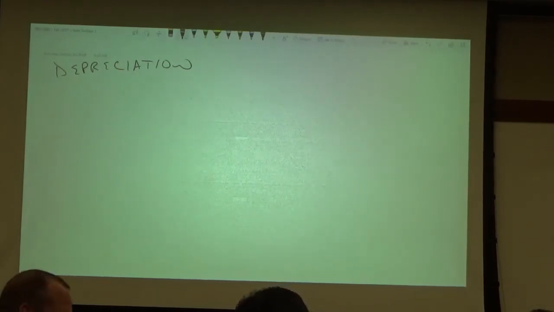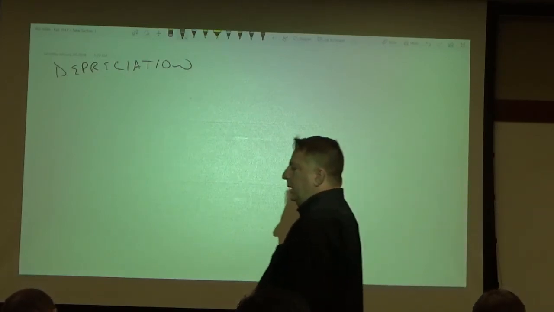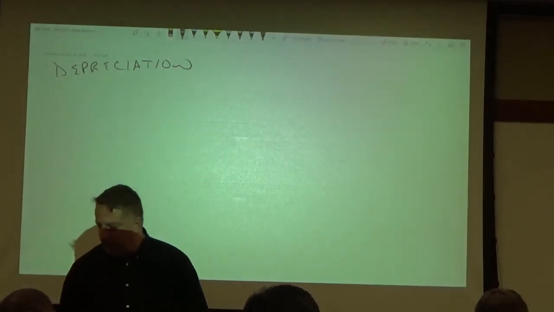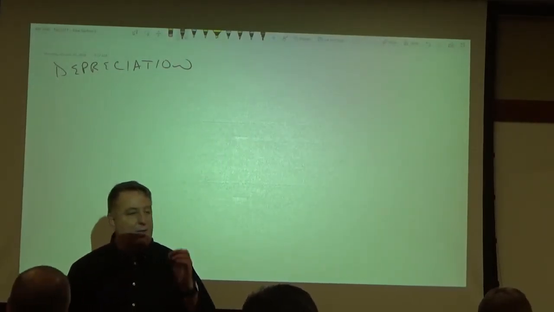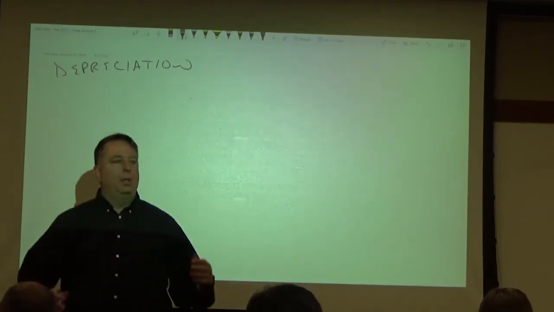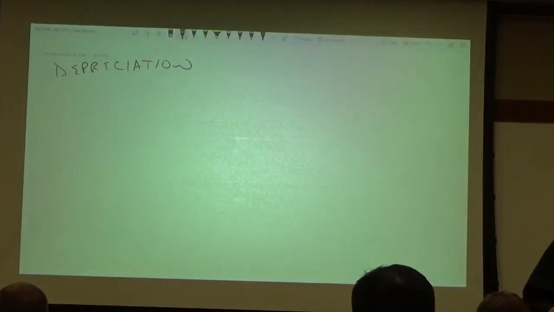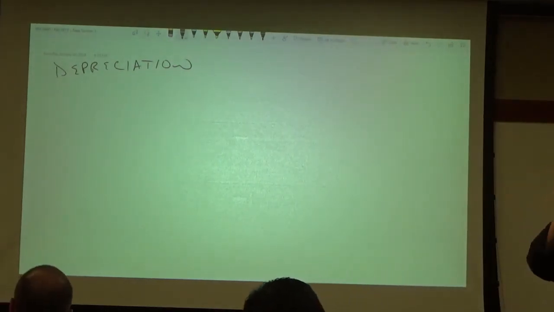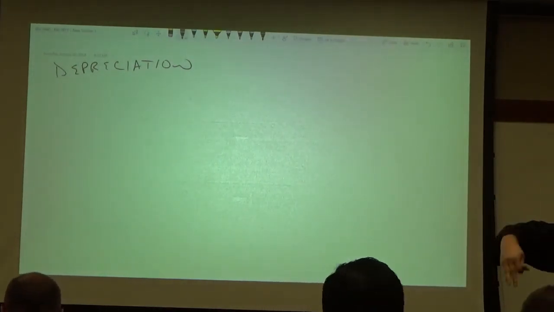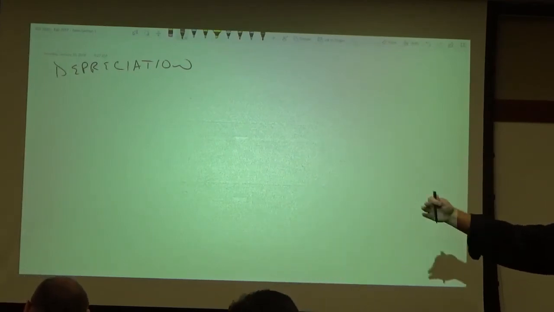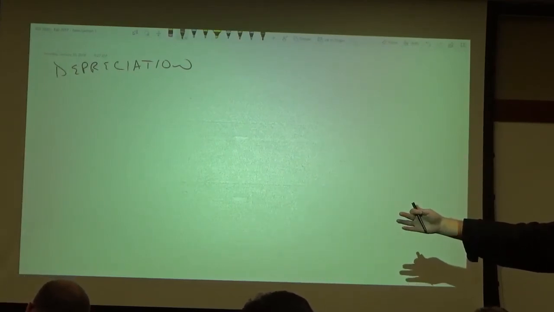So the next topic that is an important one to address, and we kind of skirted around some of the edges of it, is depreciation. Okay? Now, depreciation, this is once again the tax world versus the real world. The idea behind depreciation is that you say a piece of real estate has a useful life of so many years. Okay?